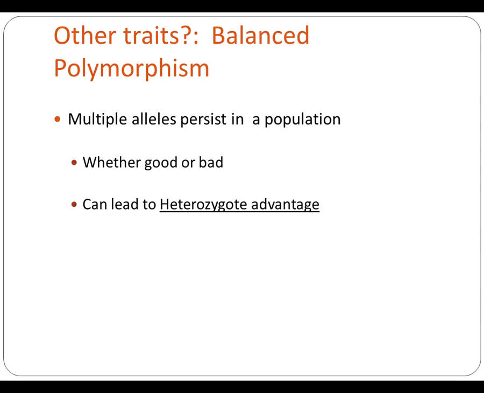Because we have multiple alleles persisting in an environment, again, there's no net good or bad. Okay, there's no such thing as a bad allele, whether or not it contributes to survival. Sometimes our alleles will persist in a particular population, and that can lead to what's called the heterozygote advantage.